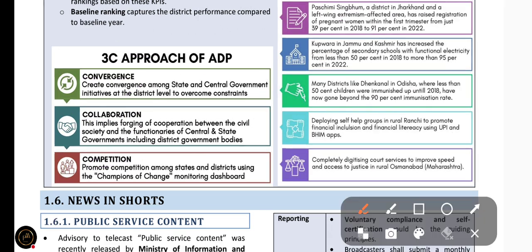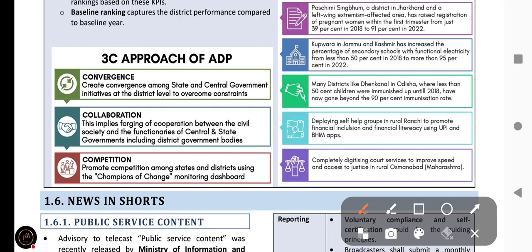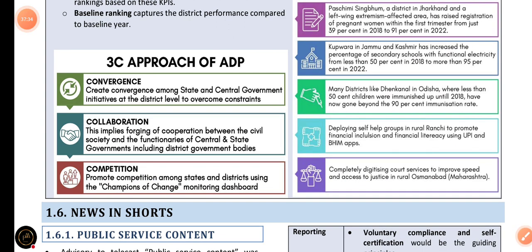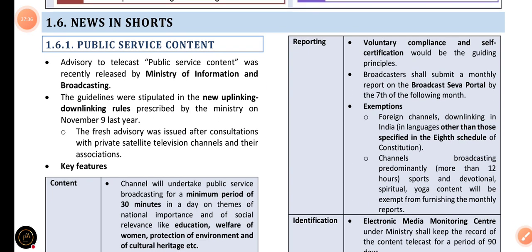In convergence, convergence among state and central government initiatives at the district level to overcome constraints, and under collaboration between the civil society and the functionaries of central and state governments, including district government bodies, and competition among states and districts using champions of change monitoring dashboard. So you can remember these 3 key approaches of aspirational district program.